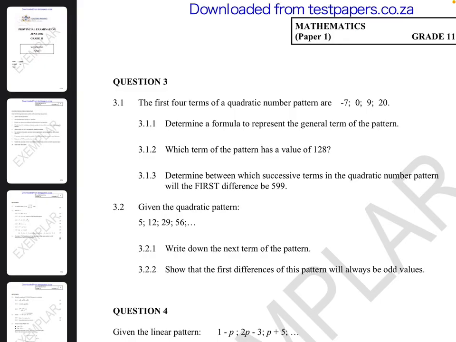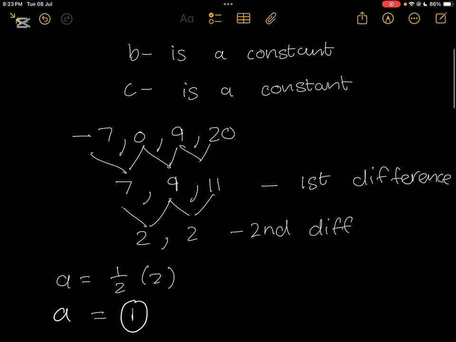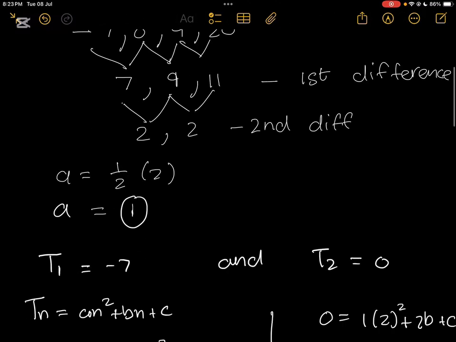Okay, so they say 3.1.3, determine between which successive terms in the quadratic number pattern will the first difference be 599. If we now look at our first difference, in a quadratic sequence, our first differences also make a pattern, which is a general linear pattern.